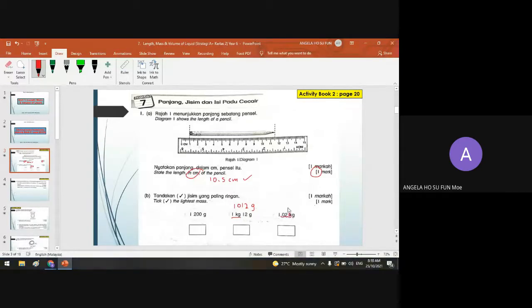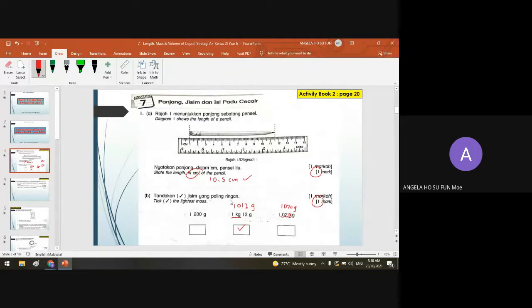So add a 0 here. This is 1,020 gram. Then you start to compare: 1,200 gram, 1,012 gram, 1,020 gram. So which is the lightest? Definitely the answer is 1,012 gram. If you take this, you get 1 mark.